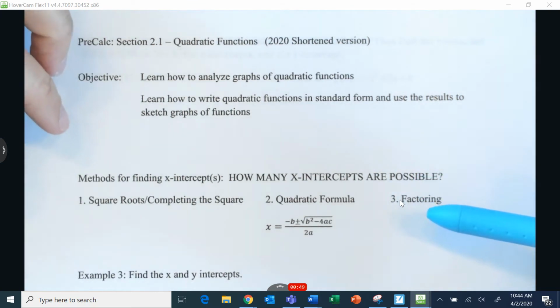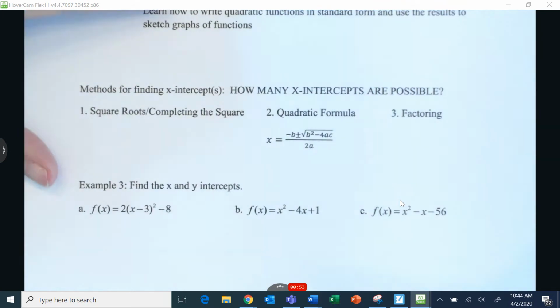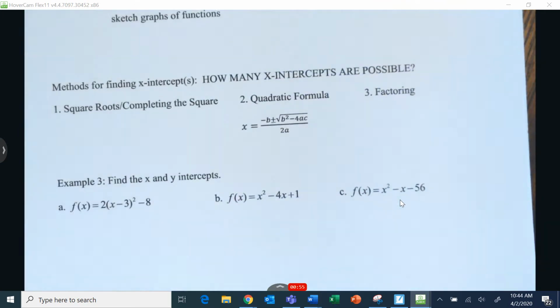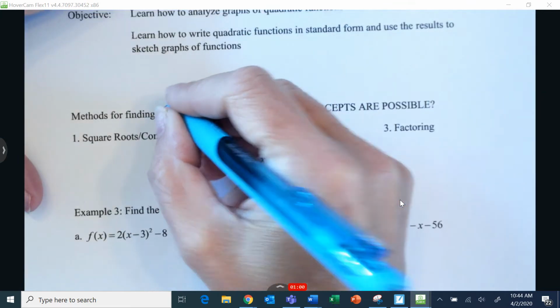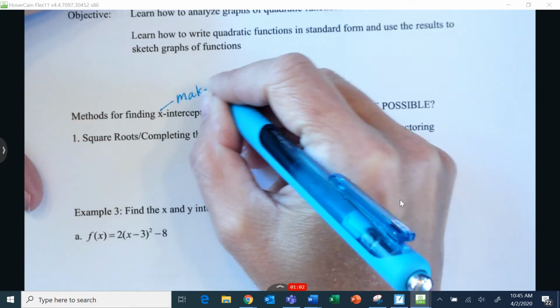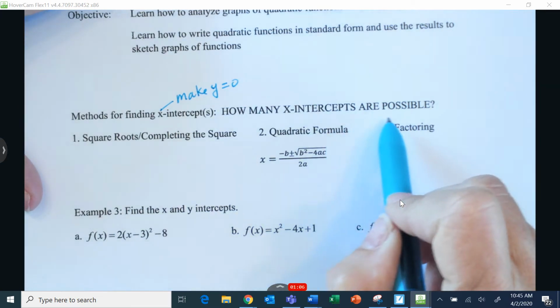Finding x-intercepts. There are 3 different methods that are mainly used to find x-intercepts, but for all of them, you need to make y equal to 0. And how many x-intercepts are possible?